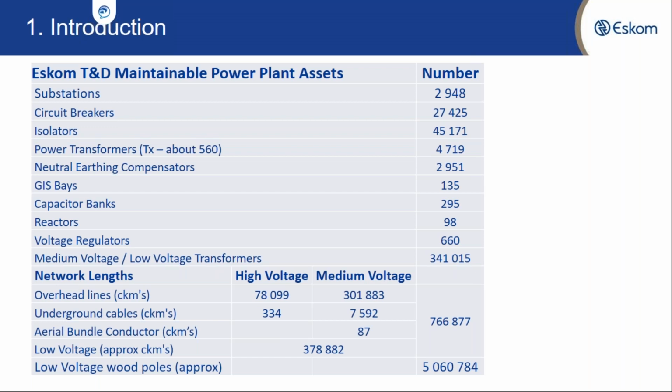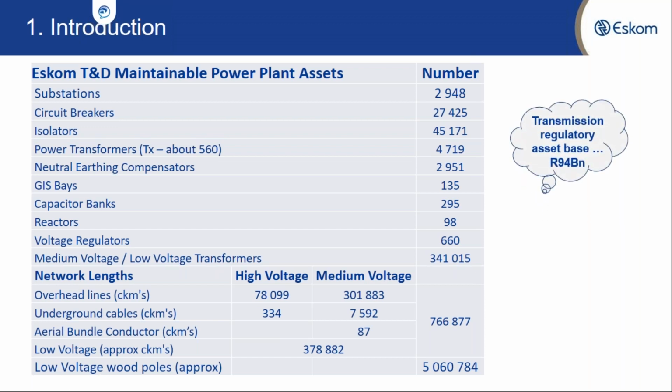When it comes to network lengths, we have both underground and overhead networks. For those, we have a combined line length well in excess of 700,000 kilometers. That's a lot of conductors and structures. And the wood poles alone, we are looking at over 5 million of those.